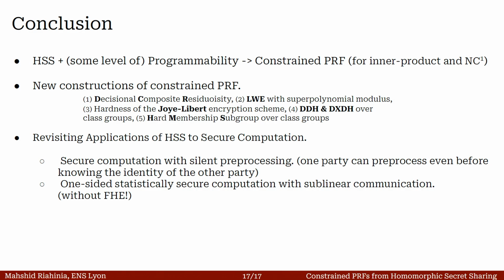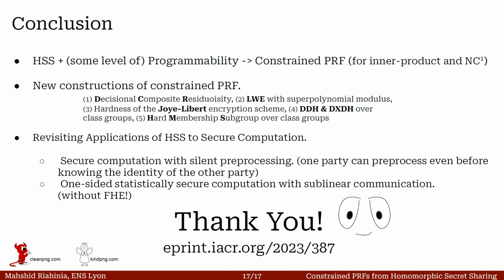And in the end, we revisit applications of homomorphic secret sharing to secure computation, in particular to secure computation with silent preprocessing, where one party can do all the preprocessing even before it knows the identity of the other party, and one-sided statistically secure computation with sublinear communication, which wasn't known before without fully homomorphic encryption. That's it. Thank you very much for your attention.